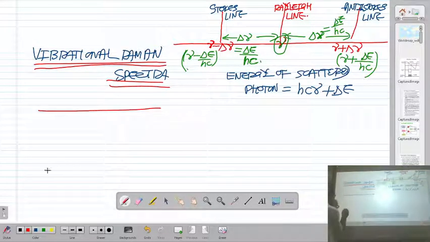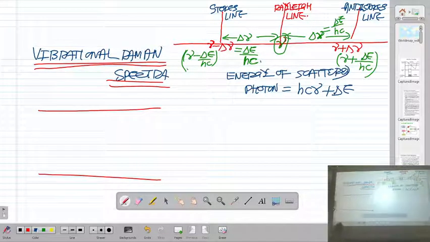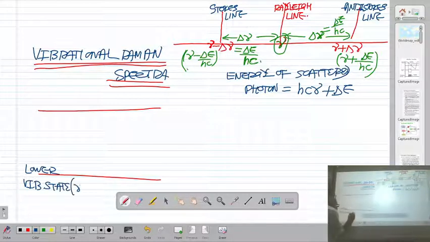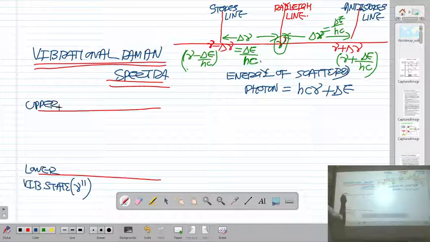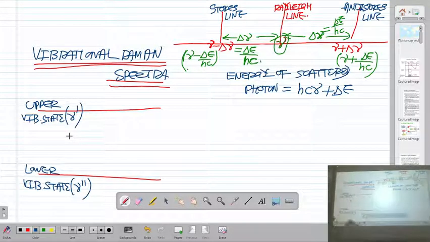Suppose I have two vibrational levels. This is the lower vibrational state, generated by quantum number nu dash, and this is the upper vibrational state. Both the states belong to the same electronic state.